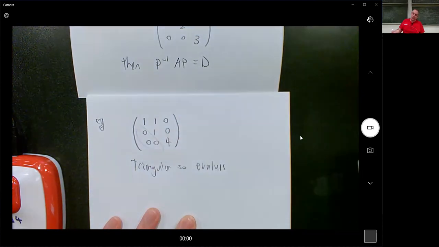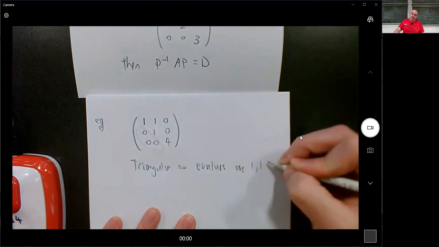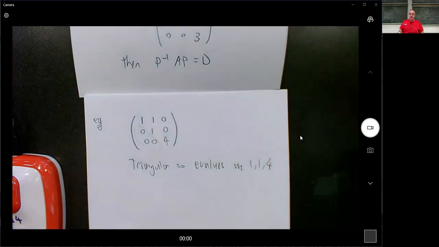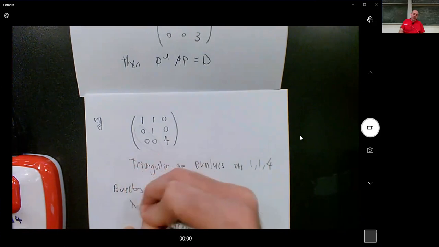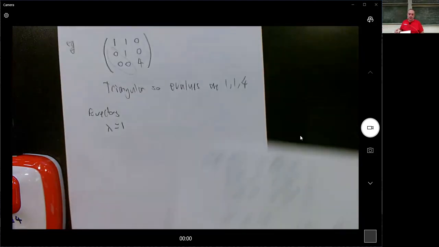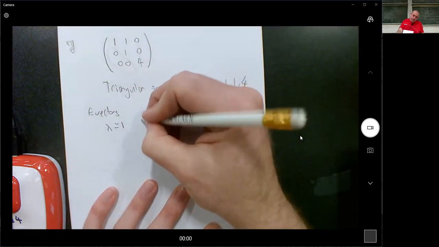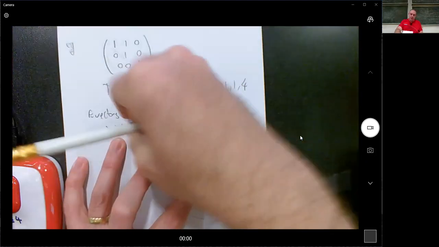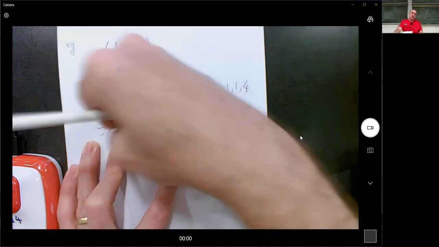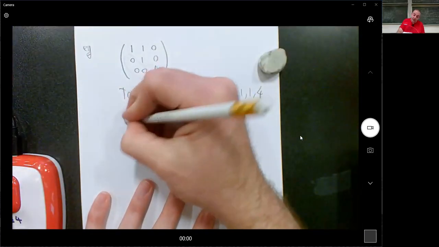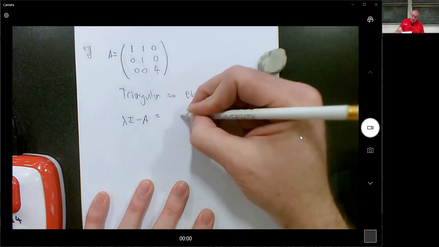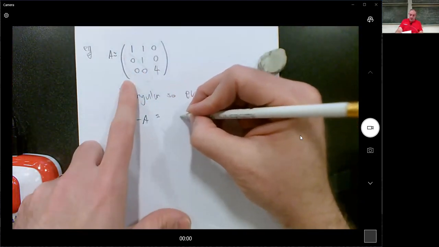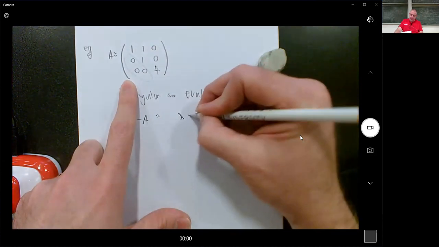So it's upper triangular. Even if I make this a 4, it won't matter. 1 and 1 and 4. And so if I find the eigenvector for lambda equals 1, I'm just going to write down what lambda I minus A is. So lambda minus 1.